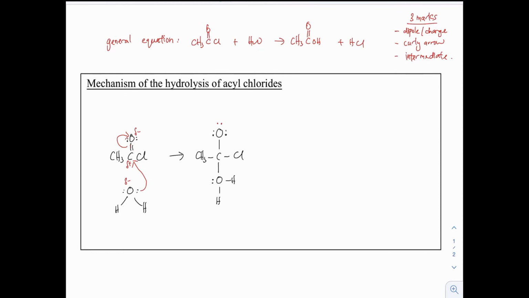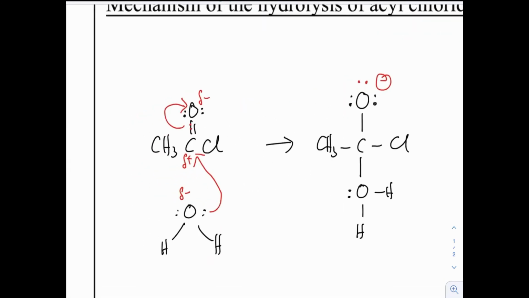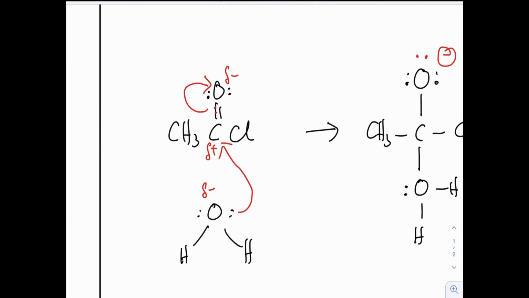So now we are going to discuss the charge on this oxygen. This oxygen is going to acquire a negative charge. Then some students might ask, why not 2 negative? Why is it just 1 negative? That's because for this oxygen, if you look at this bond clearly, there are 2 electrons here.